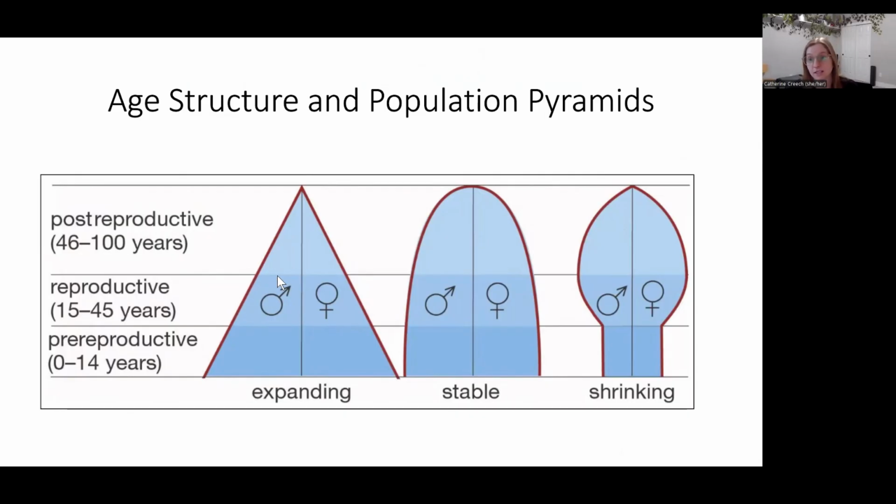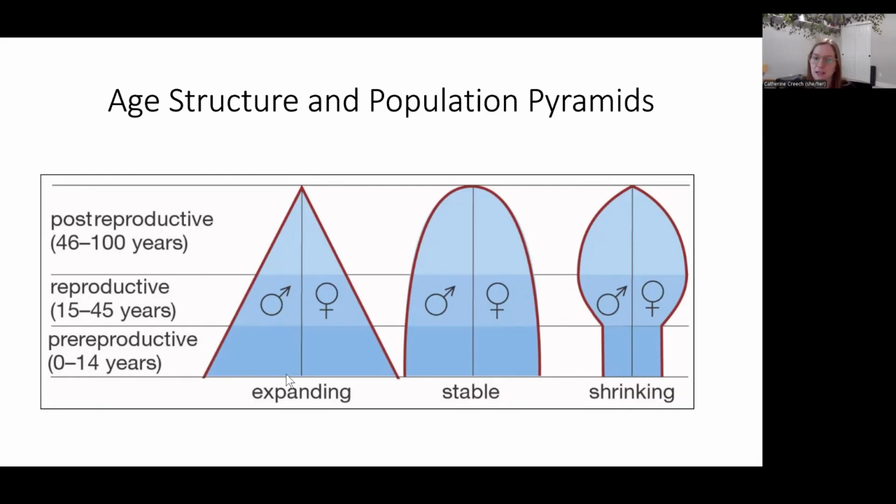On average, menopause hits about 50, but you're less likely to have kids past 45 than you are at 30. So these are ranges intentionally to try and encompass our averages. And then we have your post-reproductive years, 46 through 100. Because we have a type 1 survivorship curve, we have less people at the top of the pyramid because our species is more likely to die the older we get.